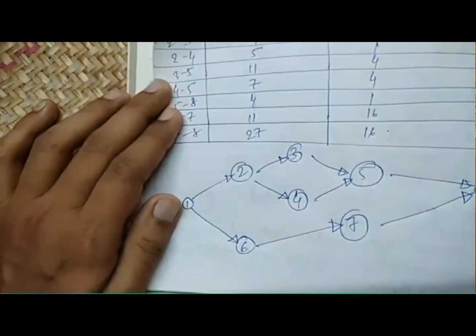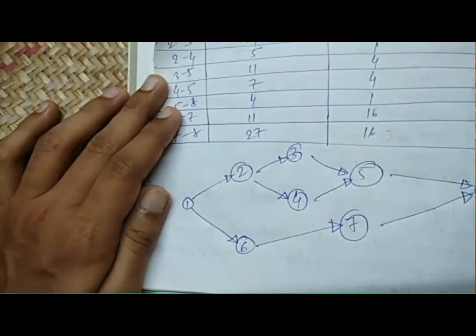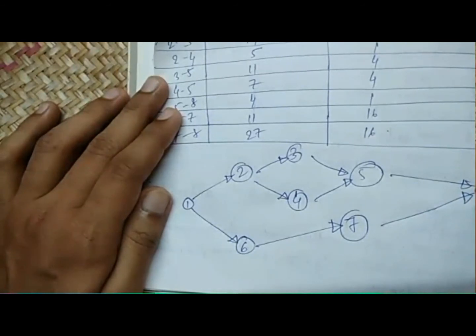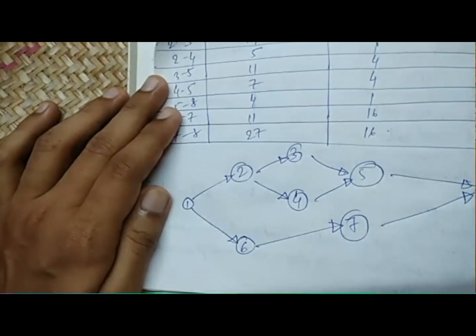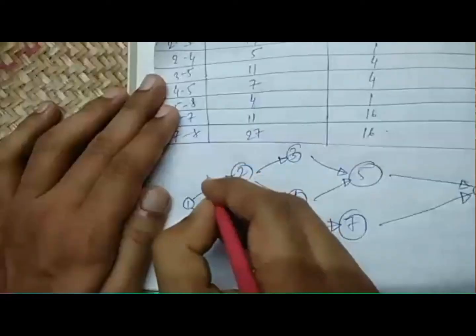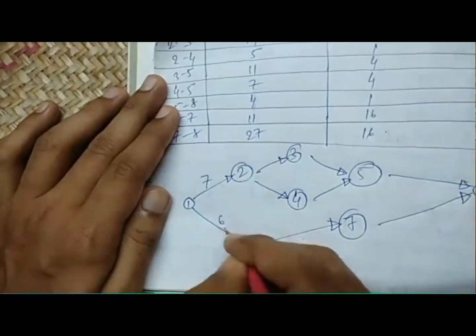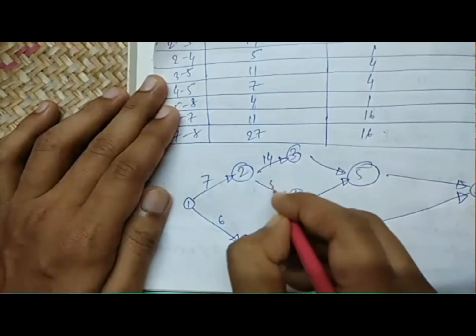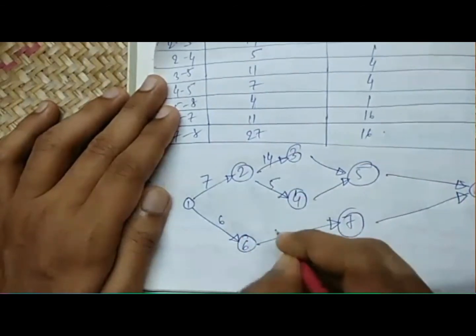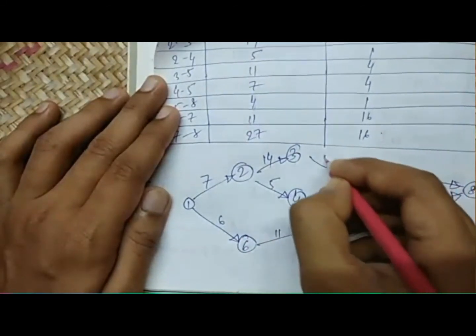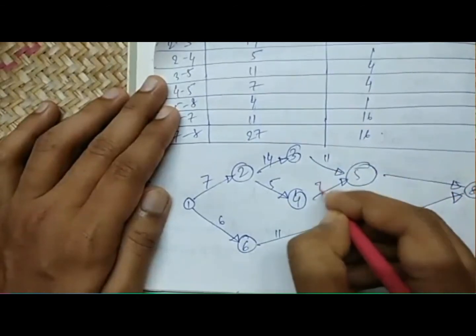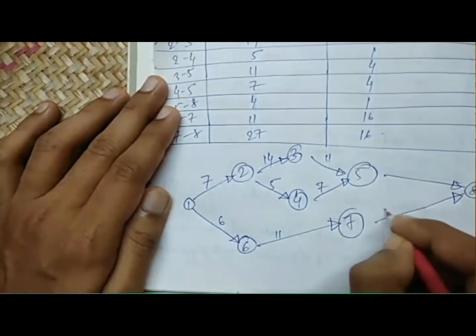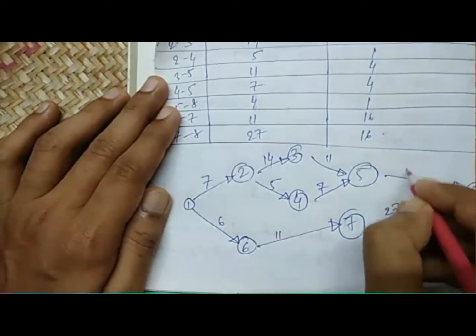Now show the times: this is 7, this is 6, this is 14, 5, 11 here, 11 here, 7, this is 27 and this is 4.